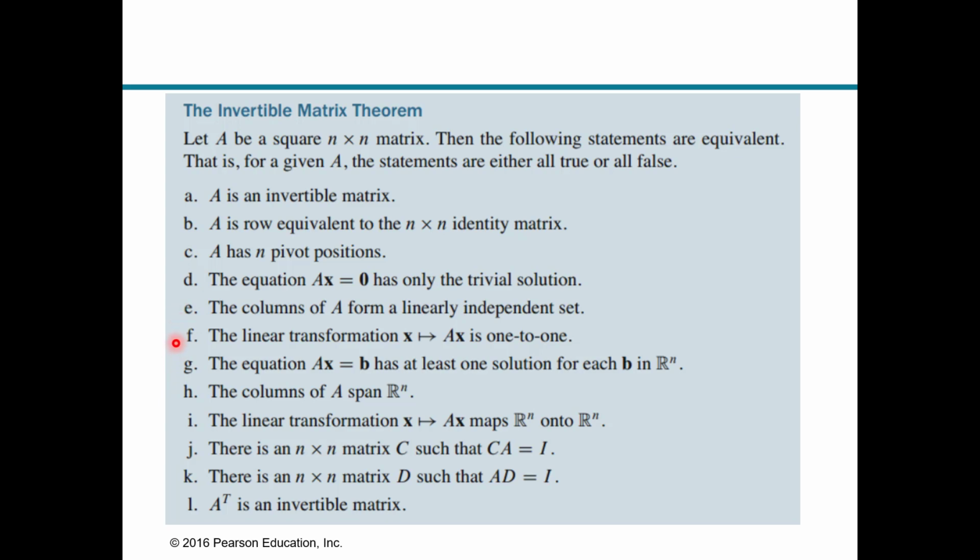And so what we just did for that last example was we used actually fact E and H. So if we put that together with A, so if A is an invertible matrix, then the columns of A form a linearly independent set, and those same columns span Rn. So we use both facts E and H to claim that A, an invertible matrix of size n by n, is in fact a basis for Rn.